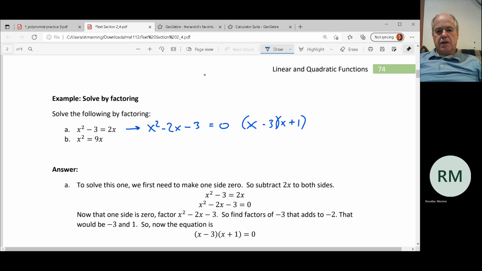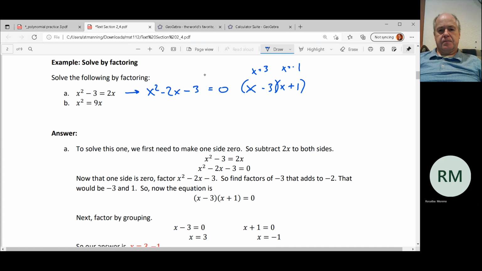Minus 3 plus 1 gives me a minus 2. Now I know either x is equal to a 3 to give this part to be 0, or x equals a minus 1, and that will make this part equal to 0. So the two solutions are when x is 3 or x is negative 1.